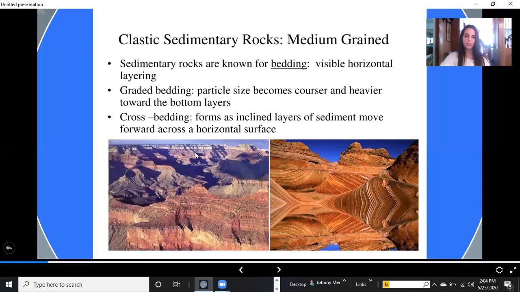So you can see how as these layers are moving forward across this horizontal surface, as they go along the surface, it can change. So the layers are going to incline or go upwards as they move forward. So you can see here they were going this way. On this rock they were going this way. So you can look at the inclination there and see.